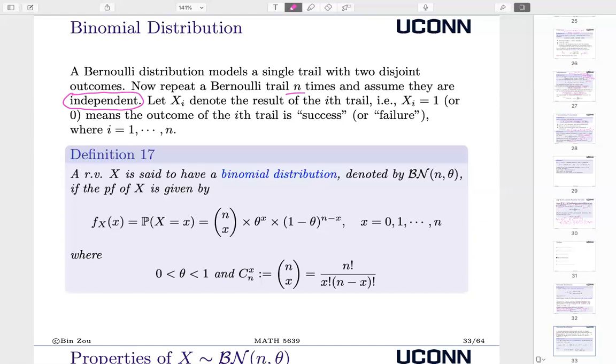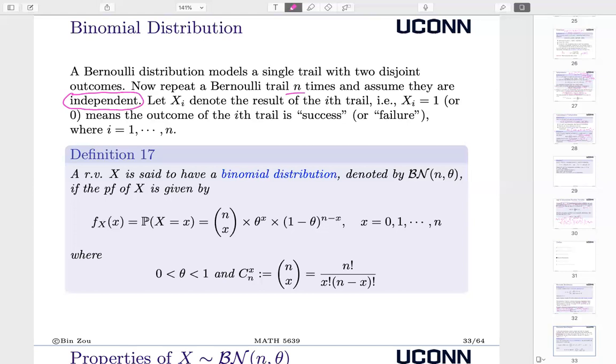In this case, we have n independent repeated Bernoulli trials, which means they are IID, independent and identically distributed. And what we want to know is the total number of success events among those n trials, not any particular one.